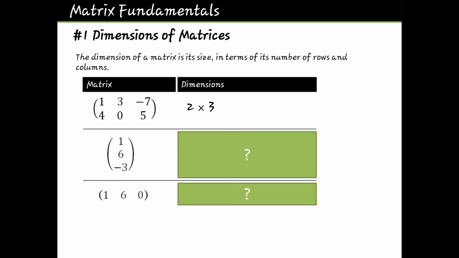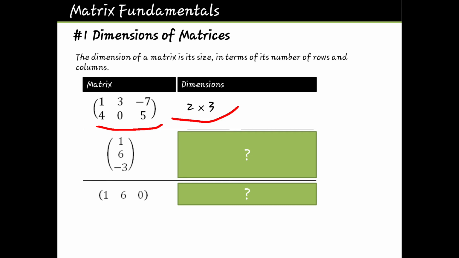Then we are here: dimensions of matrices. The dimension of a matrix is its size, how big it is, in terms of the number of rows and columns. To get the dimension of this first matrix, we take the rows times the columns.